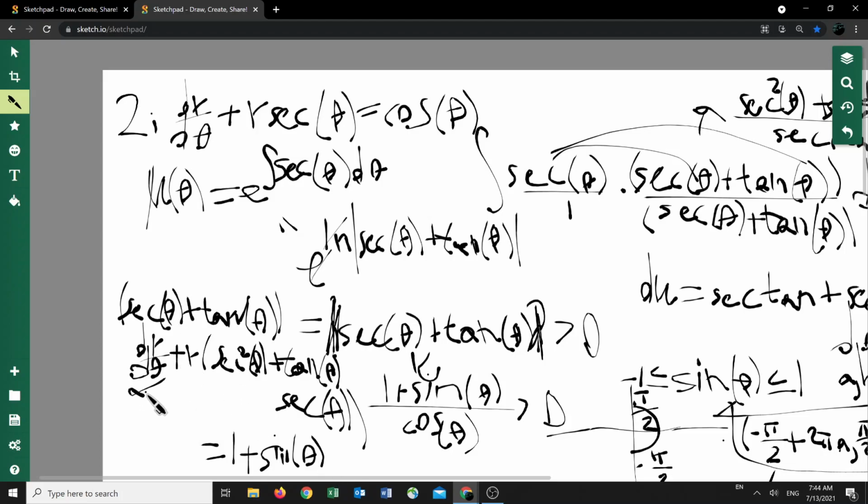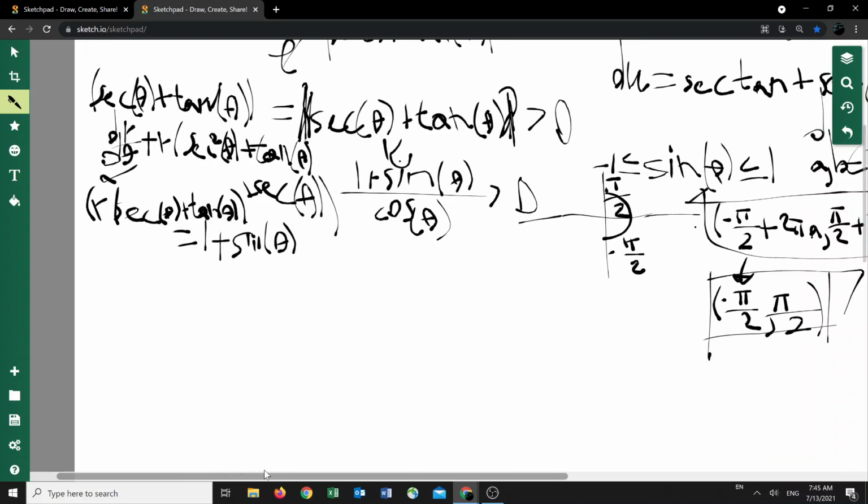But notice that this is just the derivative of the product of r times mu of theta, right? Because this is the same case as with the integral: secant squared is the derivative of tangent, and secant tangent is the derivative of secant. So it's just r times secant theta plus tangent theta, prime, equals this.